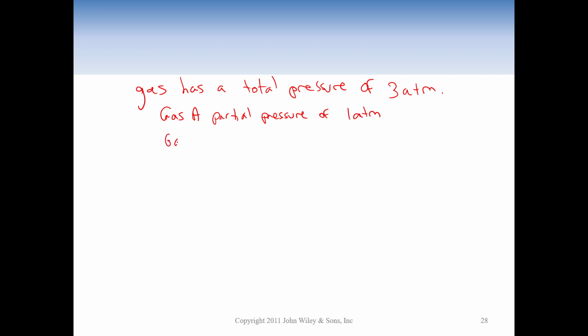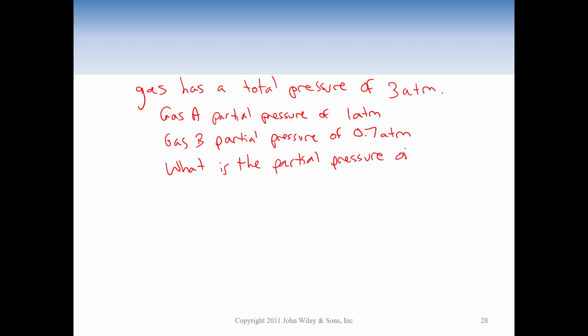Gas B has a partial pressure of 0.7 atm. What is the partial pressure of the remaining gas?